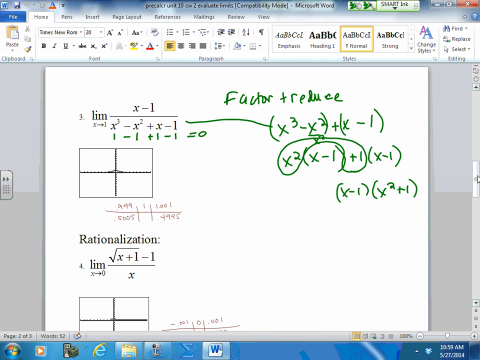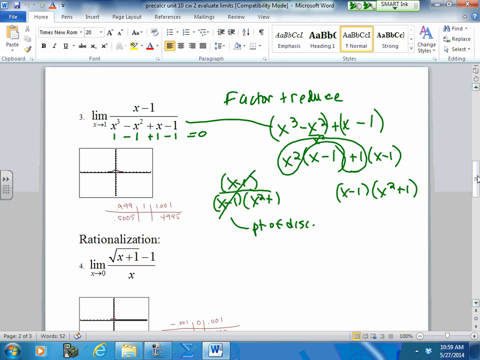Okay? That's your remaining factor. Now, we're going to use this in the denominator in place of what we had. So now we can eliminate your common factor, which becomes your point of discontinuity.